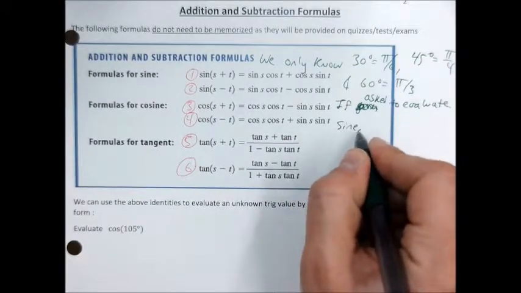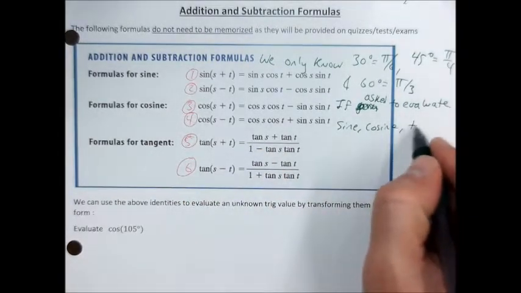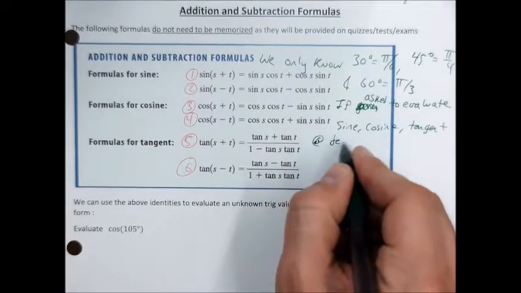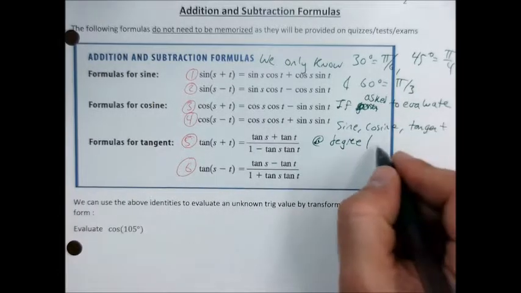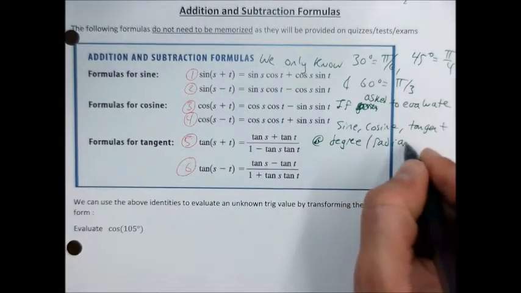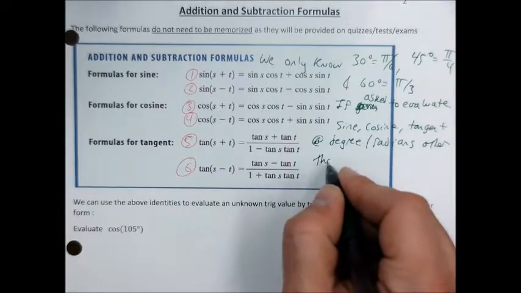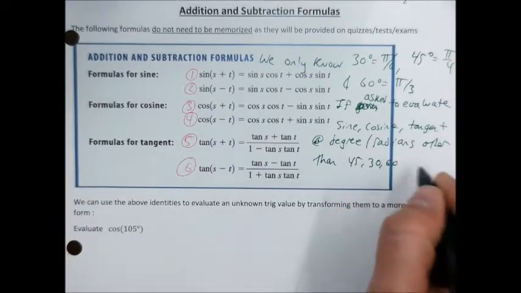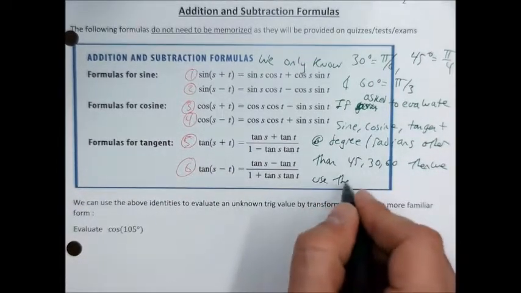So if we're asked to evaluate sine, cosine, or tangent, right? These formulas are just for sine, cosine, or tangent. At a degree or a radian other than these that we know, 30, 60, 45, then we need to use one of these formulas, or subsequent formulas.